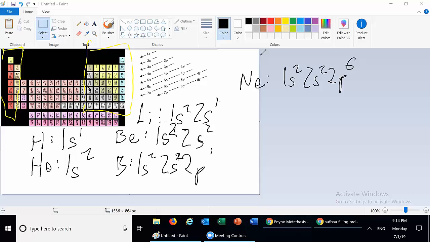So let's do silicon. What do you think the electron configuration of silicon is? It's 1s2, and then 2s2, and that's for sure.